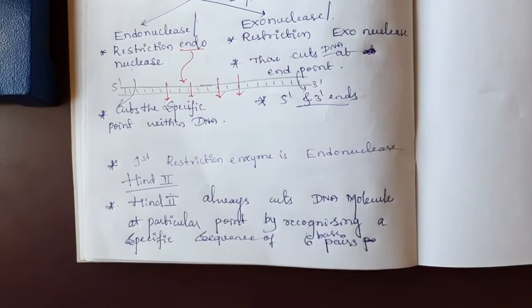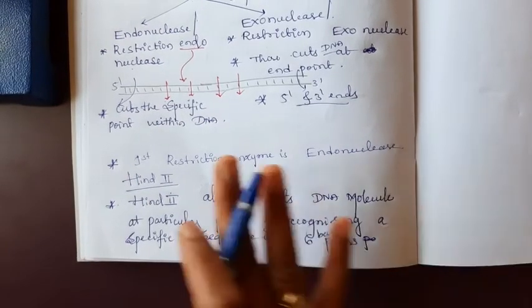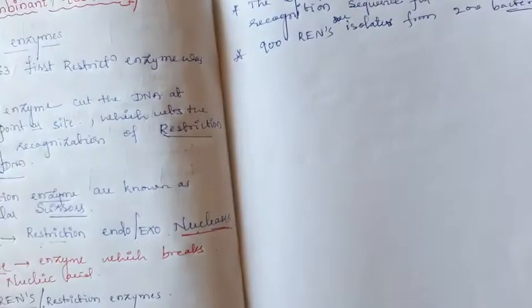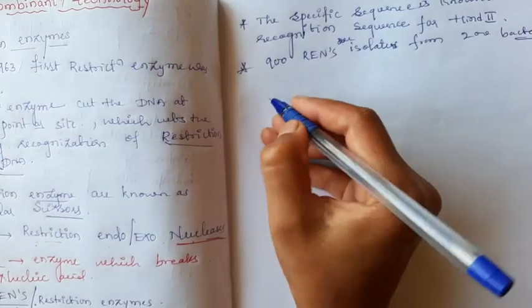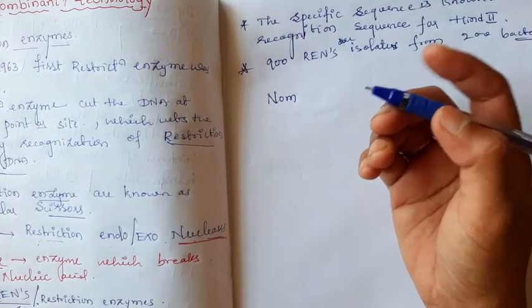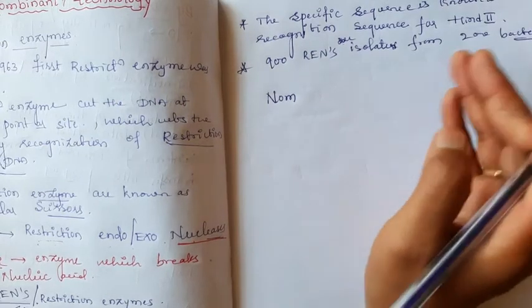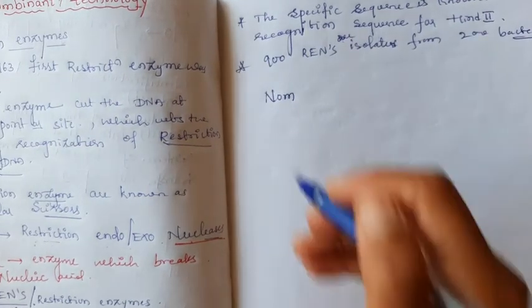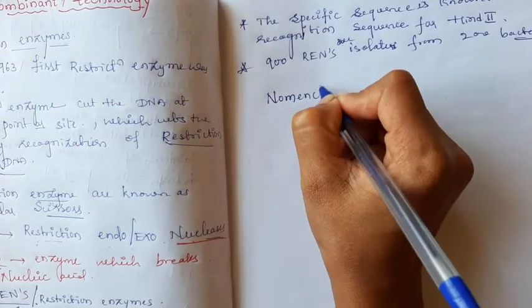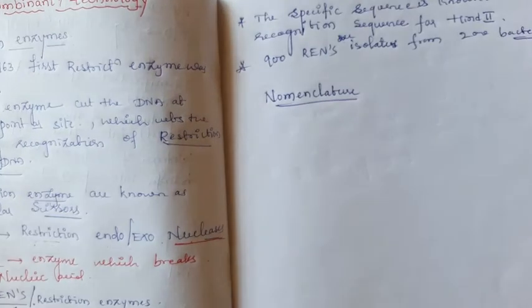Now we can discuss the nomenclature of restriction enzymes briefly. We are not going to discuss it in detail. Then I will explain how the restriction enzyme cuts the DNA at a particular sequence.